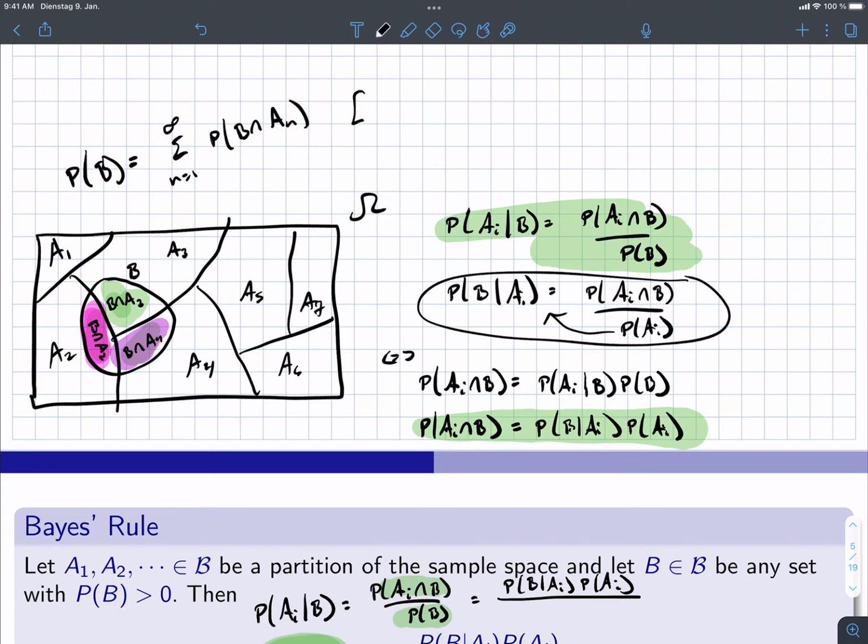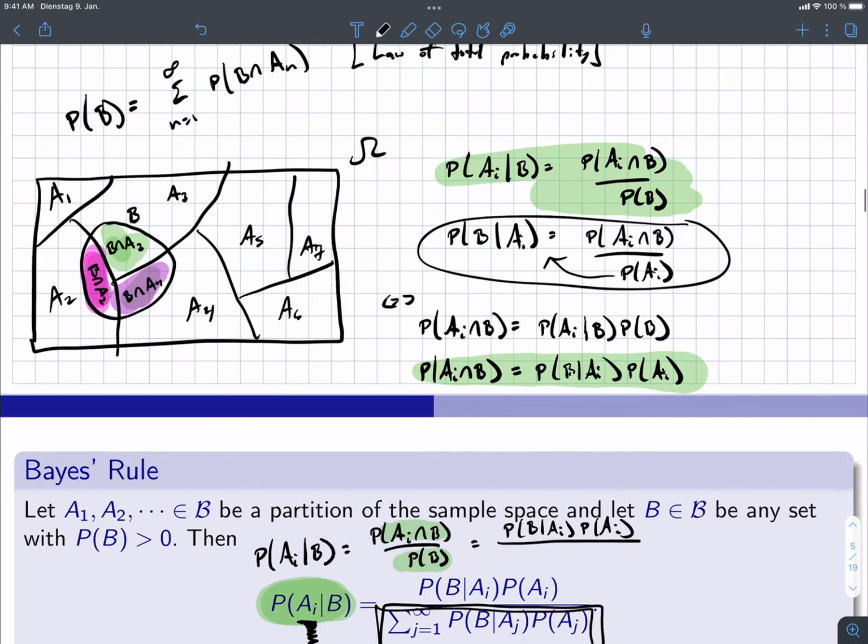This we learned as the law of total probability. Okay.